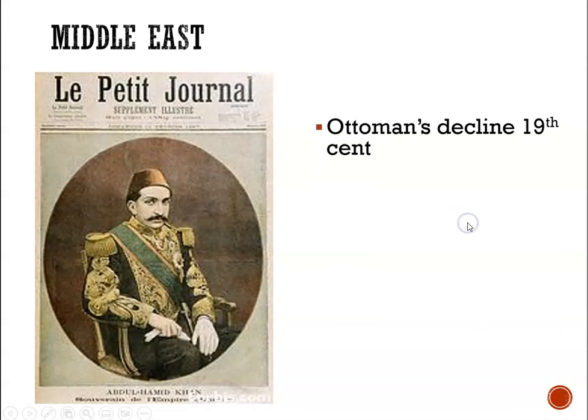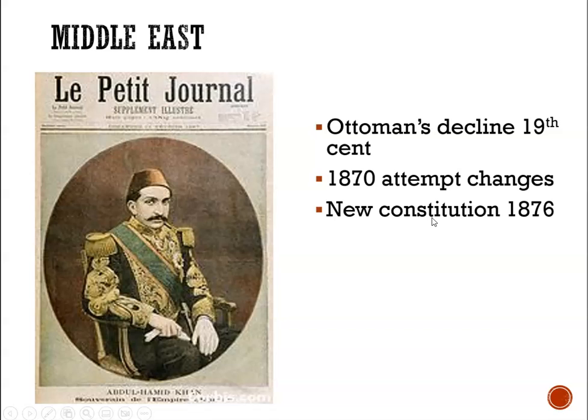All right, so let's take a look now. The Ottoman Empire is declining in the 19th century. Sometimes called the sick old man of Europe. It had extensive territory in Europe, the Balkan states, what would be former Yugoslavia, all across Croatia, Bulgaria, all those areas to the Black Sea.